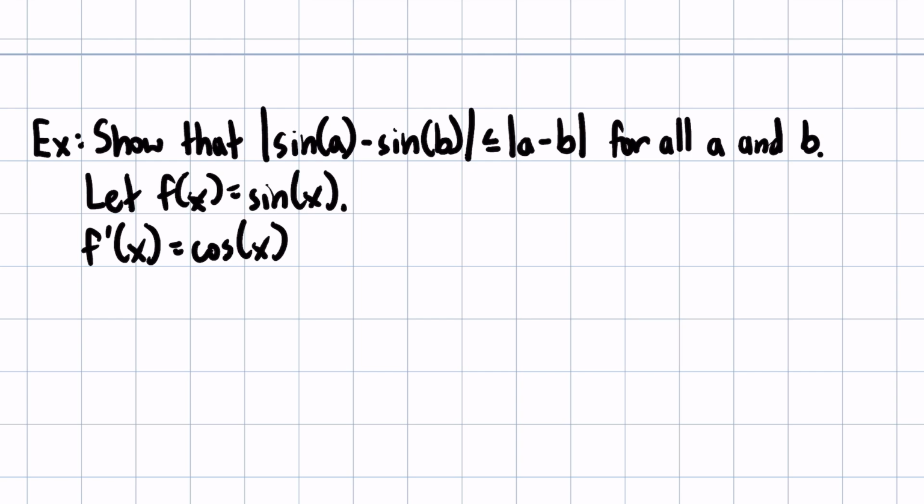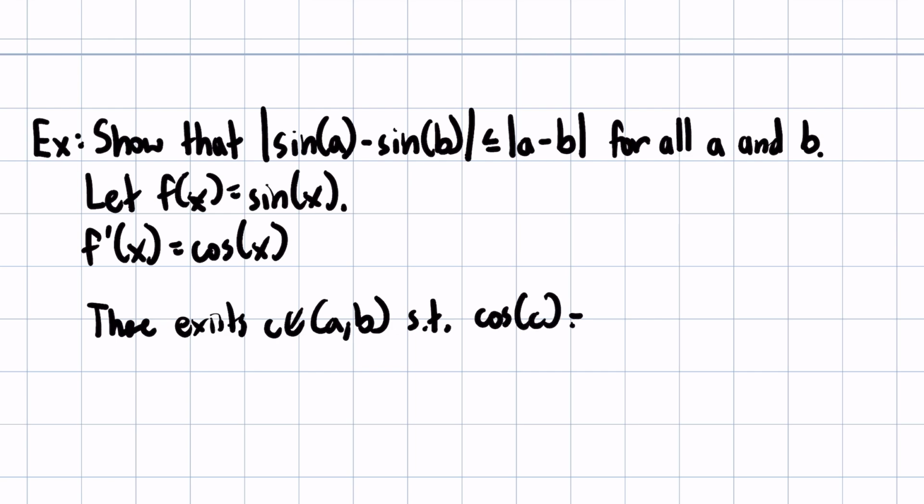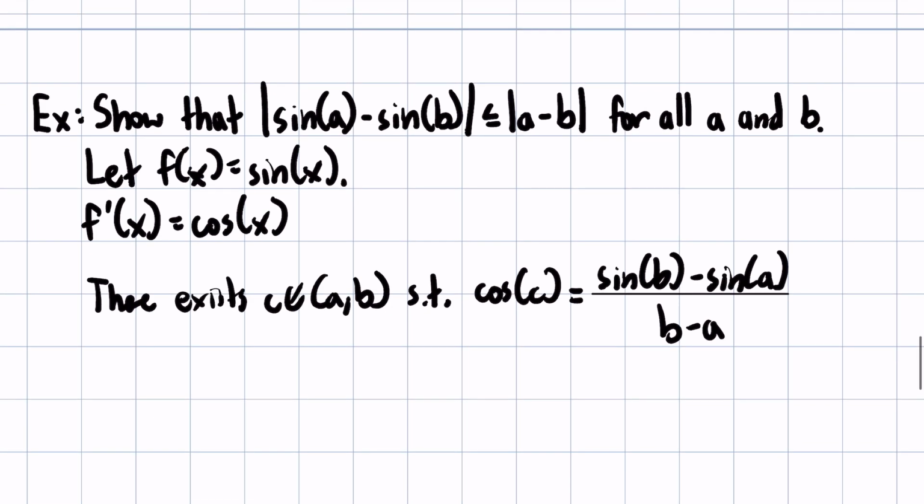So by the mean value theorem, there has to be some c in (a, b) such that cosine of c, so f prime of c, equals sine of b minus sine of a over b minus a, right? So for any a, b, this is true because sine of x is continuous and differentiable everywhere. So we can make this general. And this is by MVT.